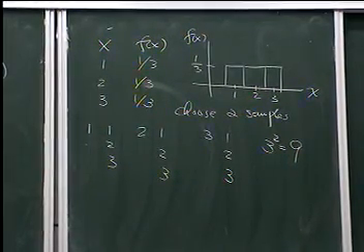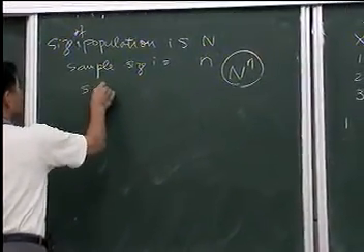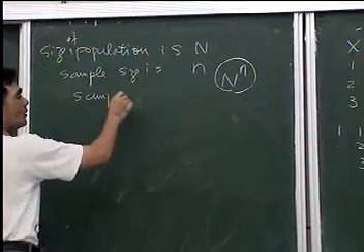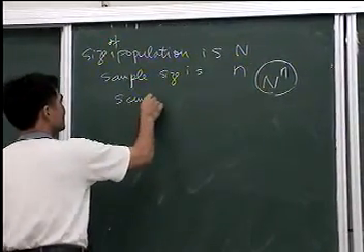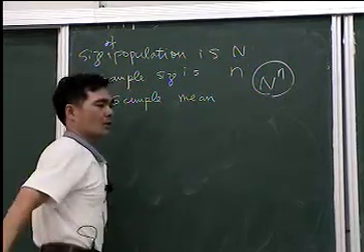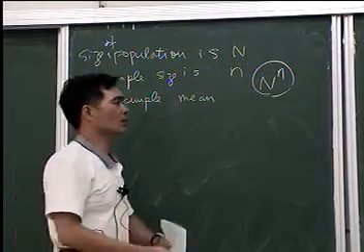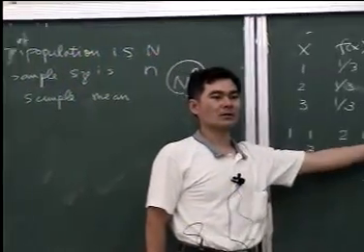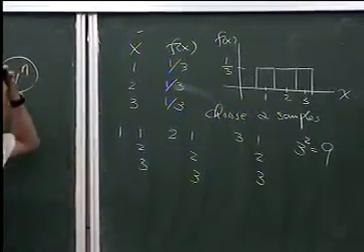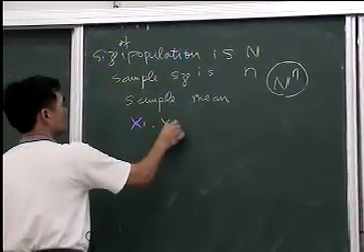Okay, then in this case, let us first talk about the sample sum. Maybe we deal with sample mean, okay? Sample mean, what does that mean? Because we have 2 samples, right? So let us say it is sample 1, okay, and sample 2.